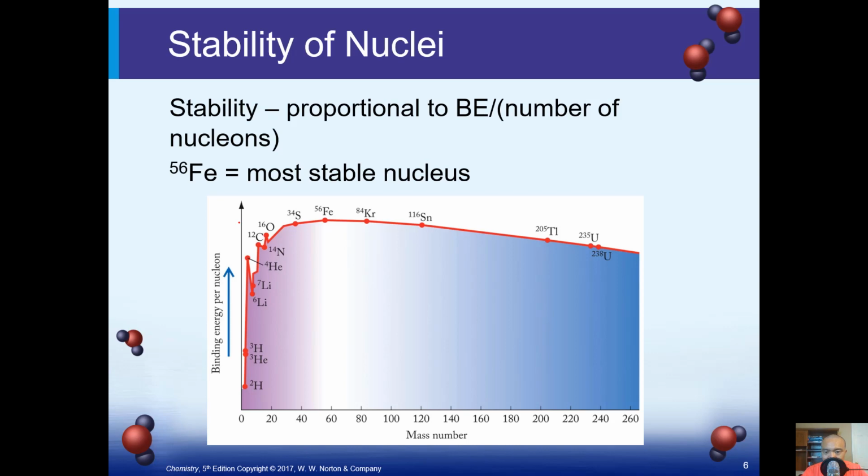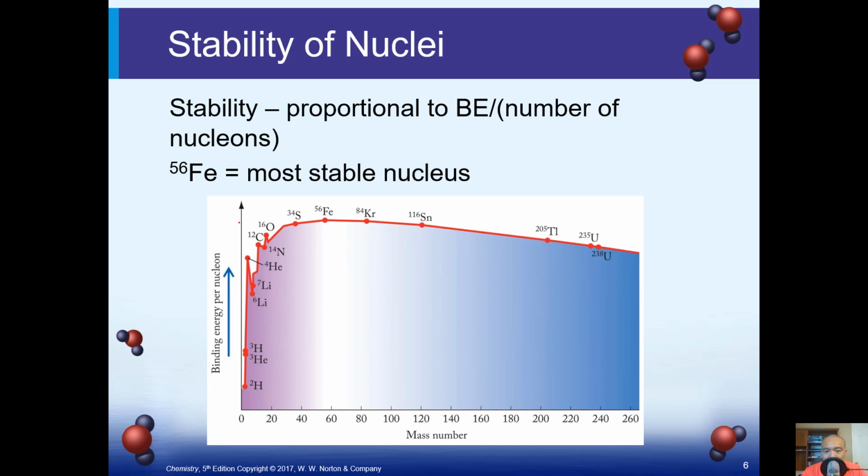Using calculations similar to those presented previously, we can calculate the total amount of energy involved from the mass defect of each nucleus. Since the mass defect will naturally be larger as the number of nucleons increases, we typically normalize the total binding energy by dividing by the number of nuclear particles in each nucleus.